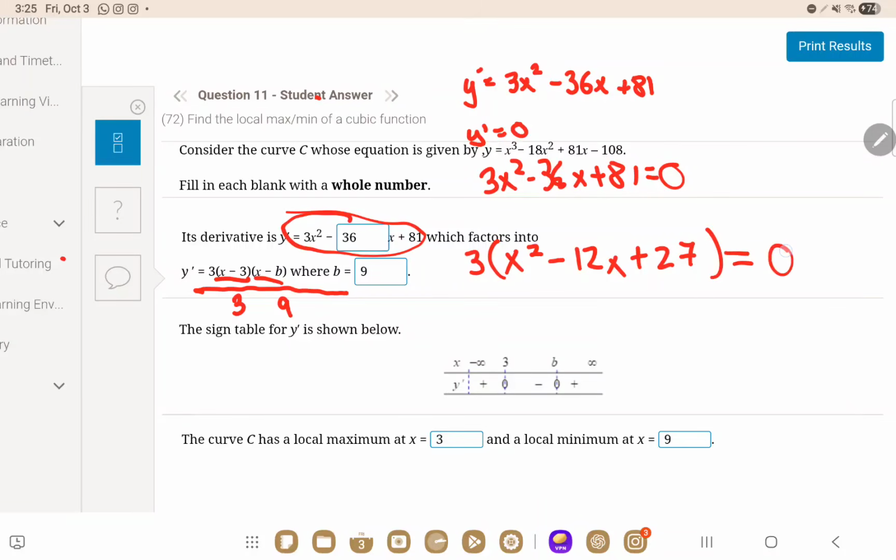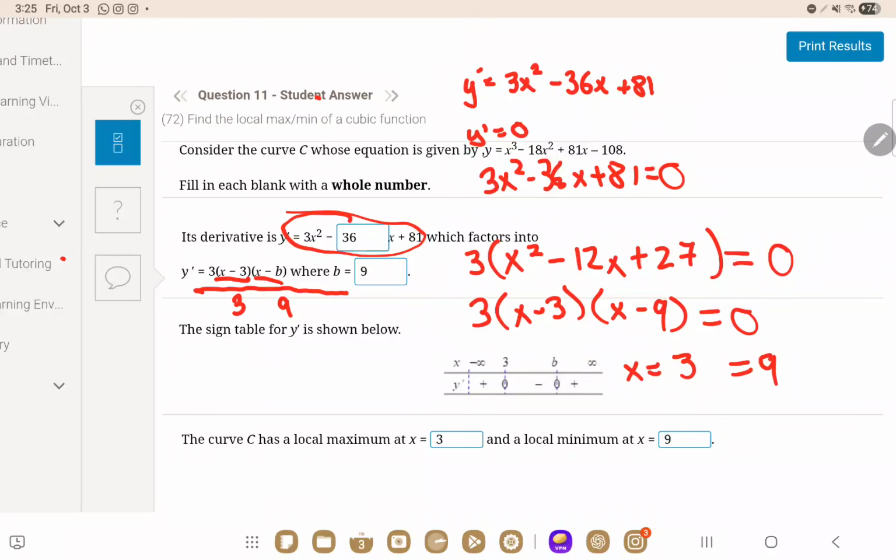And then you just factor it, and it'll be x minus 3 times x minus 9 equals 0, and then the answers are x is equal to 3 and x is equal to 9.